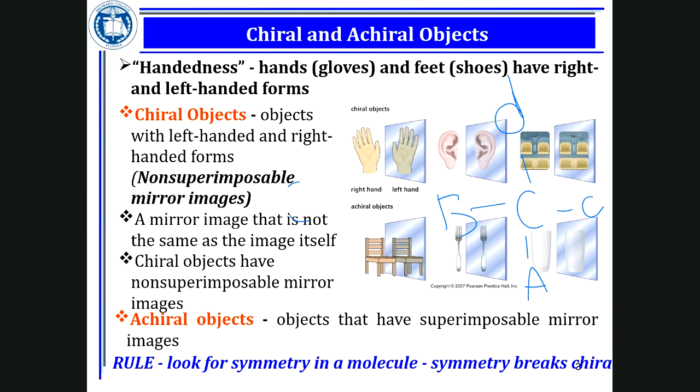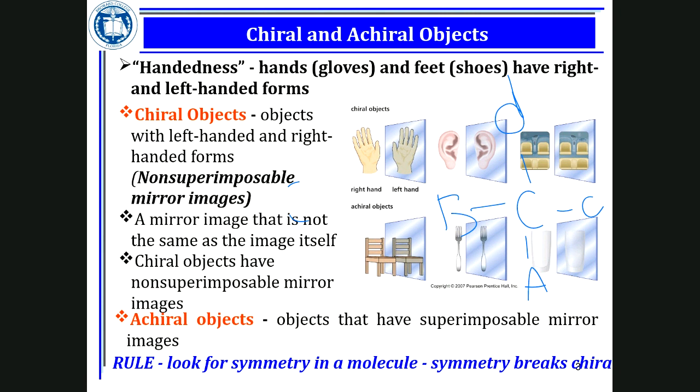So you have 2 objects with the same connectivity. It's made of exact same bonds, and the shape is the same in terms of the connectivity, but the arrangement in space is such that if you try to superimpose them, they are not going to superimpose.